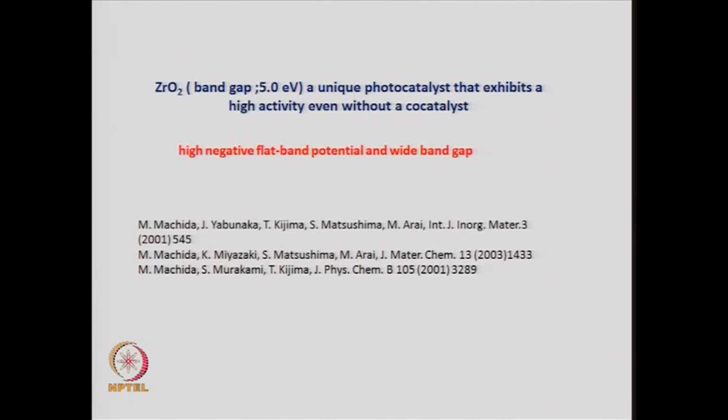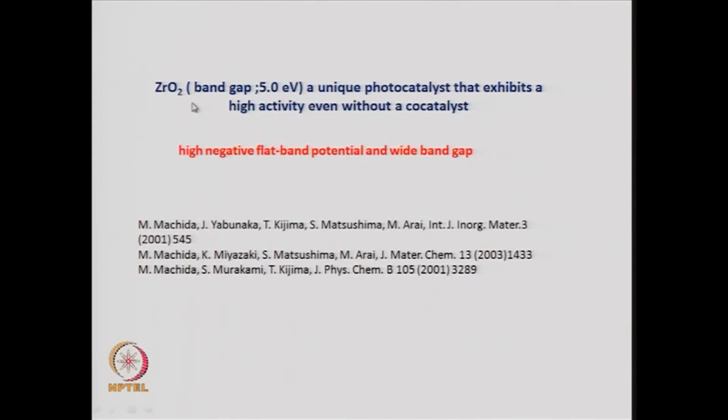Now, it is also possible that you can have a high activity without even a co-catalyst. A co-catalyst sometimes is added, which helps in reducing the band gap or helps in effective electron transfer or hole transfer. Now, zirconia has a band gap of 5 electron volts, and it is a unique photocatalyst that shows a very high activity, and the reason for this is that it has a high negative flat band potential.